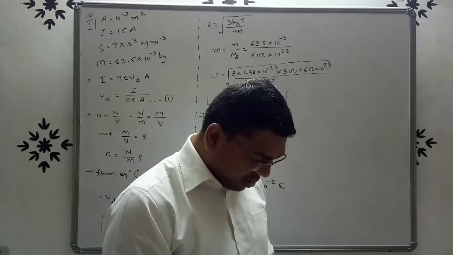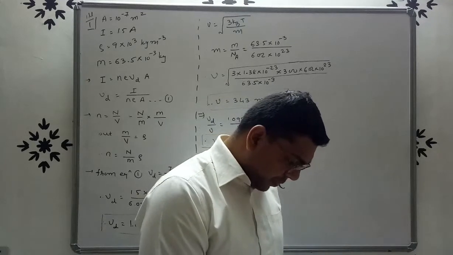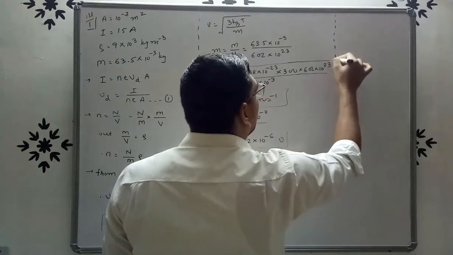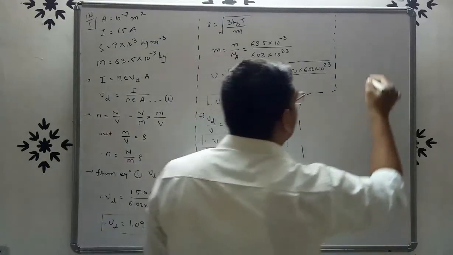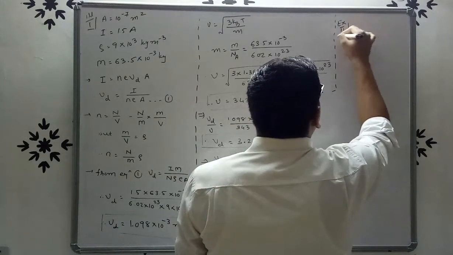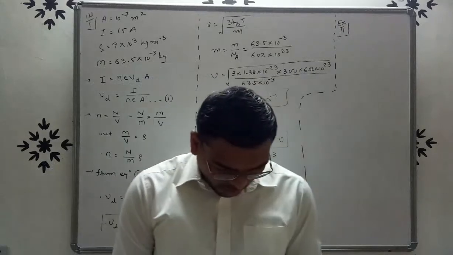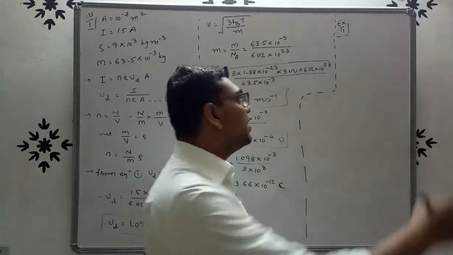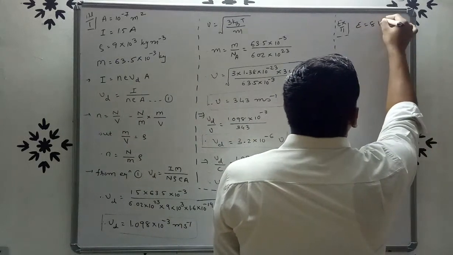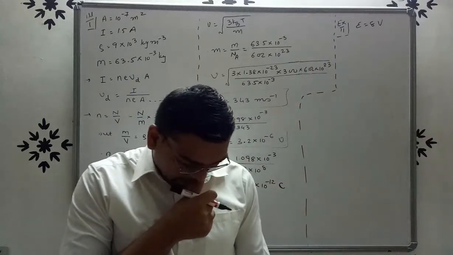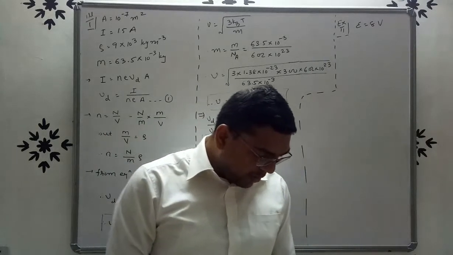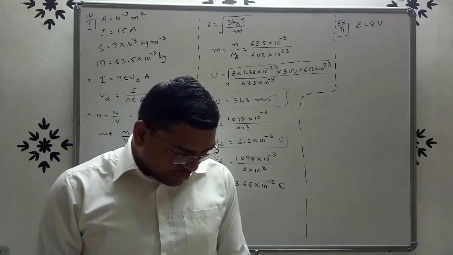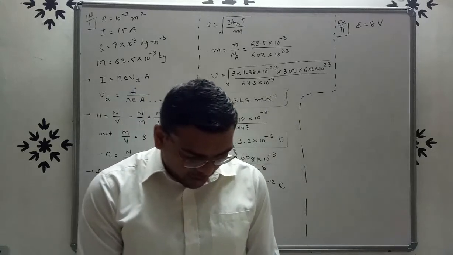Example number, yes, 11. See friends, example number 11. Now here a storage battery of EMF 8 volt. So EMF is given, EMF E is equal to 8 volt, and internal resistance 0.5 ohm, is being charged by 120 volt DC supply using a series resistor of 15.5 ohm.